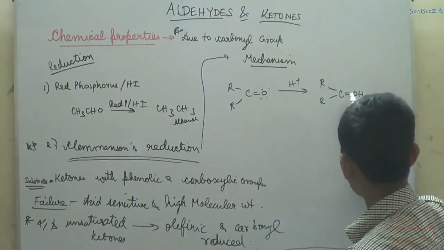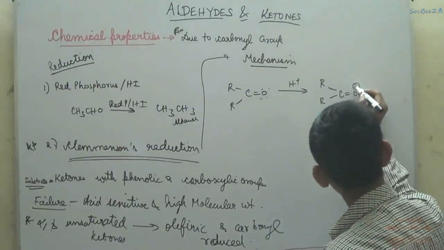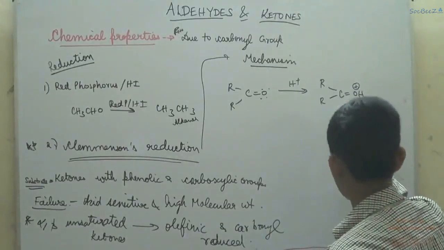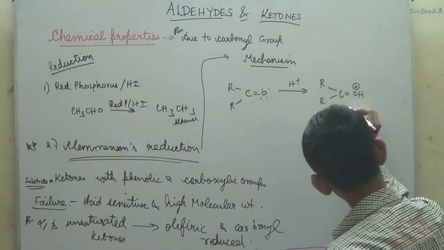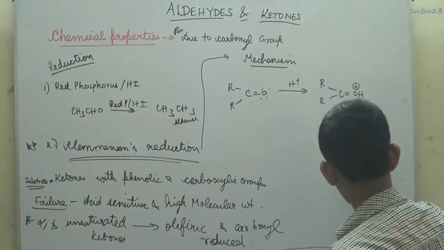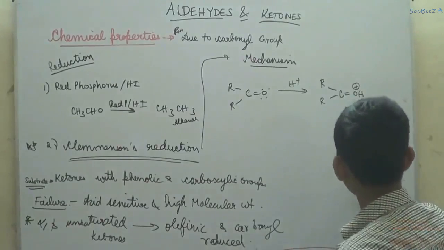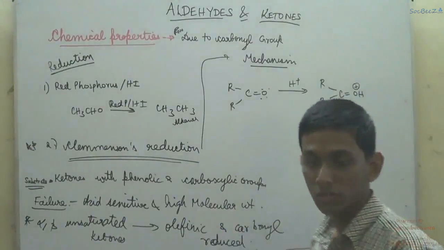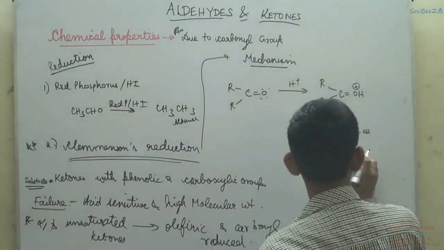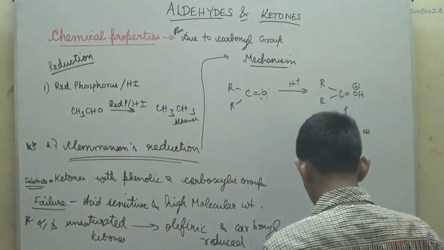Now oxygen forms this, so you have a positive charge on the oxygen atom. So now its resonance structure is this. So both are in resonance with one another. Now this particular resonance form is important for this reaction.